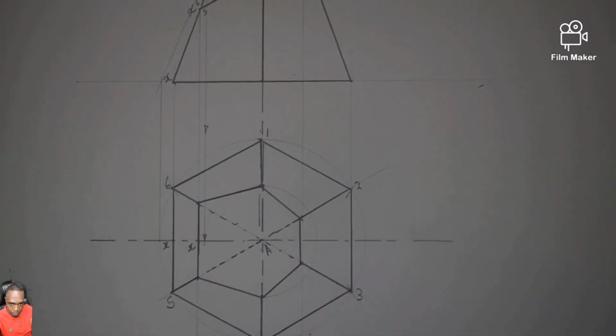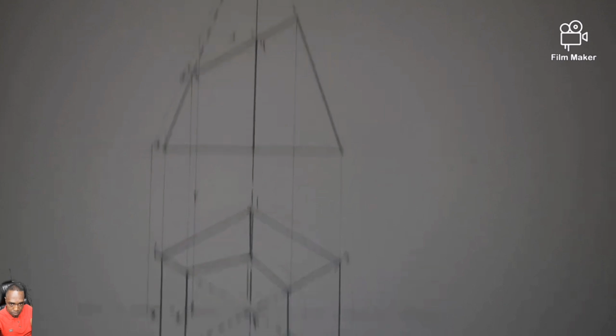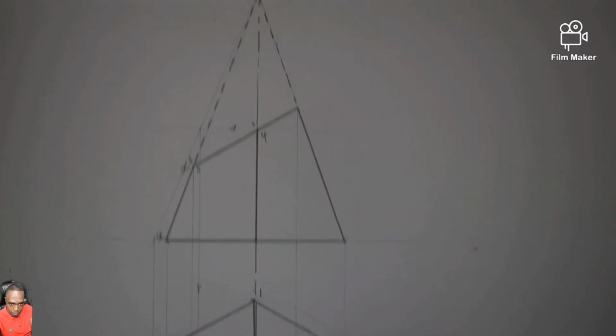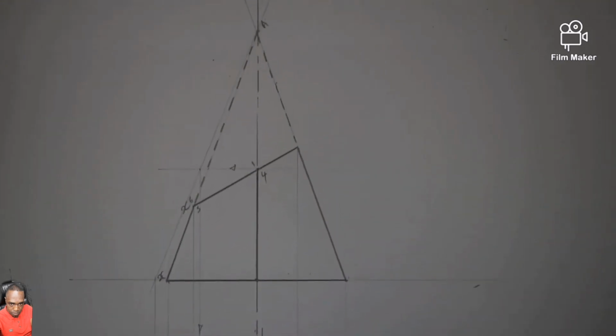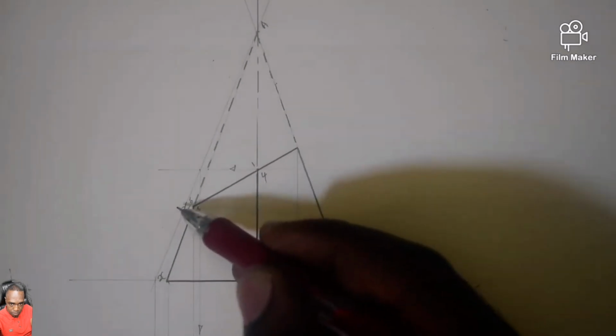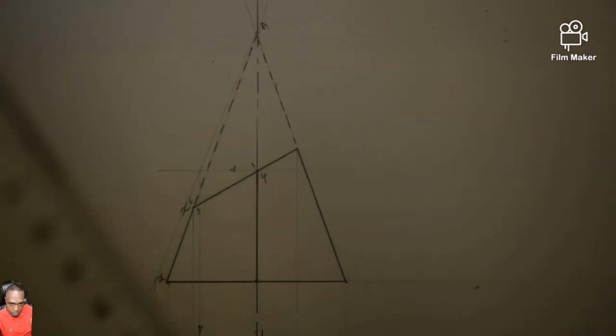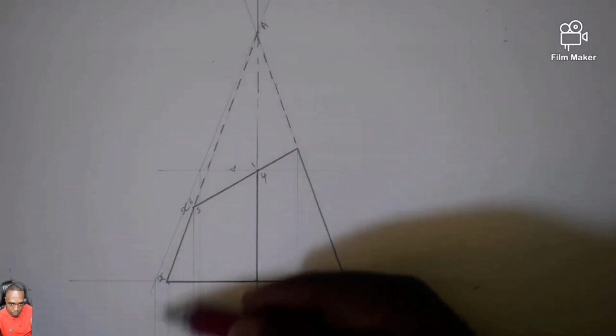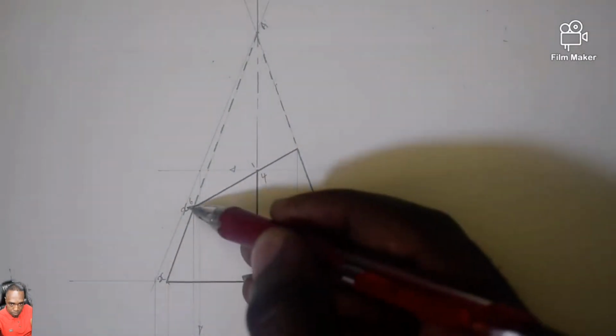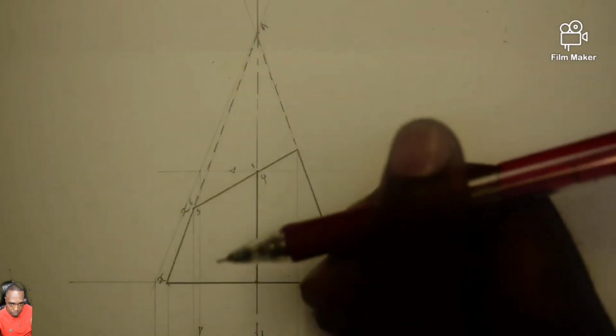So now we can see it clearly. From there, what are we gonna do? Let's start to develop now. We are going to project this point up until at this line of yours, this one. Project it horizontal. This one is already there, and this one, take it like that.